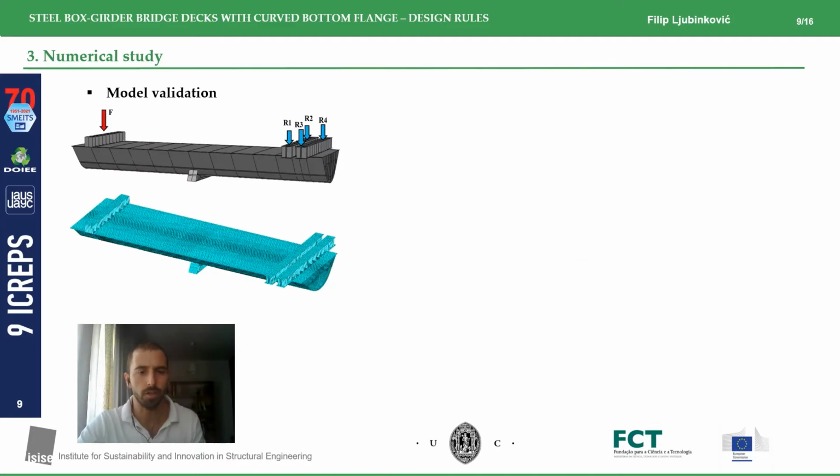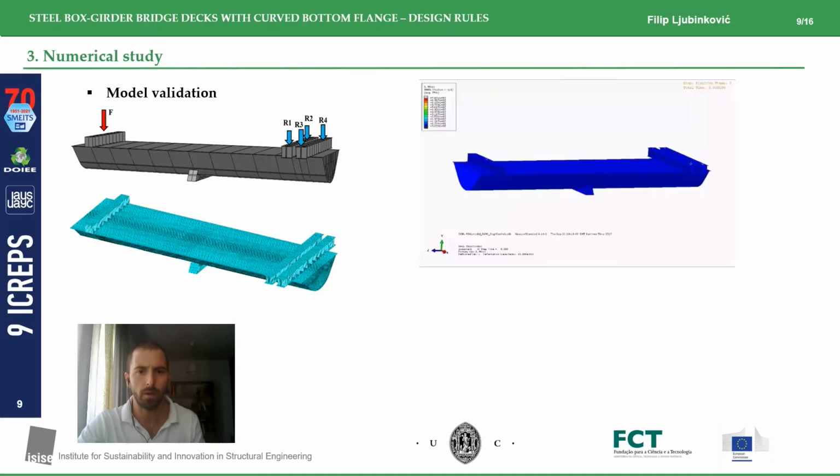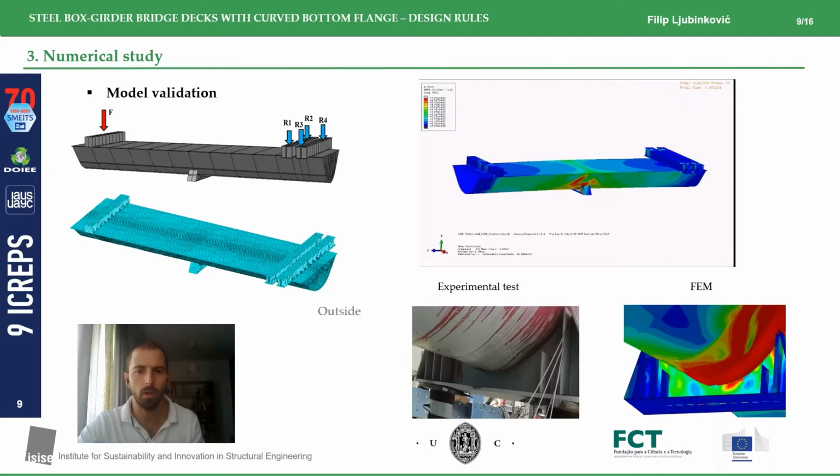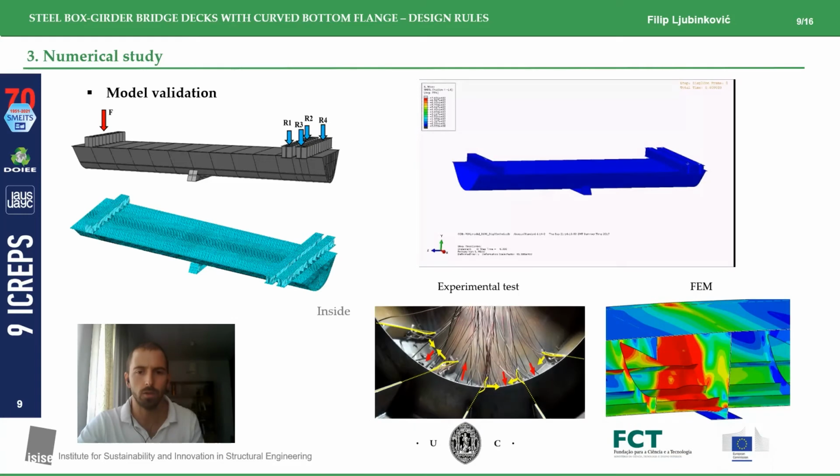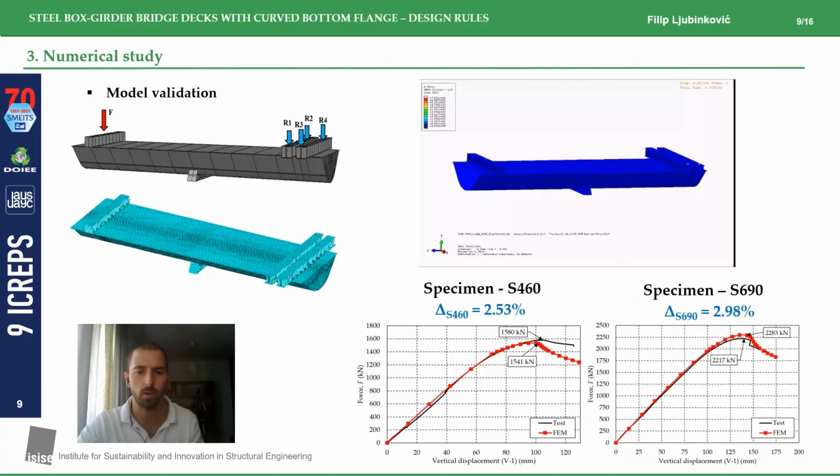Using these experimental results, we built a numerical model. Here you can see the numerical model and its behavior. We compared the failure modes with the experimental ones, and also the load-displacement curves. As you can see, a very good match was obtained between the numerical and experimental results.